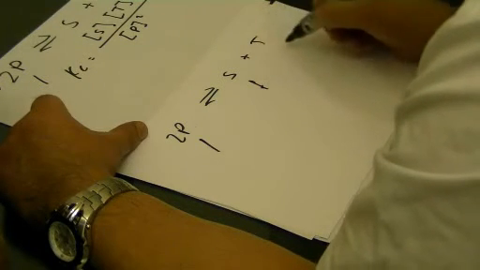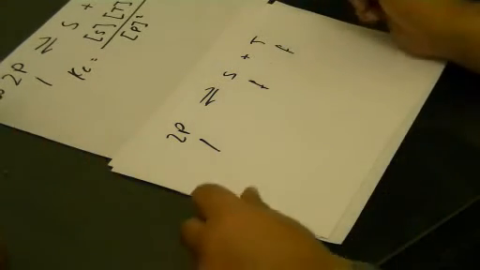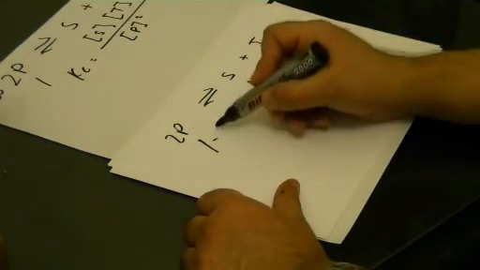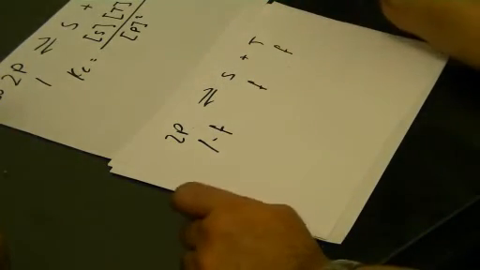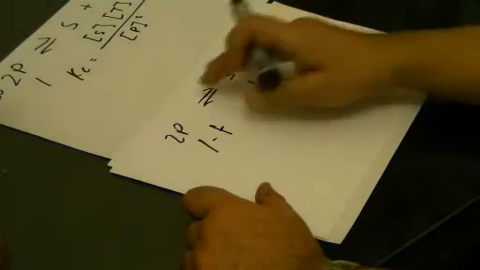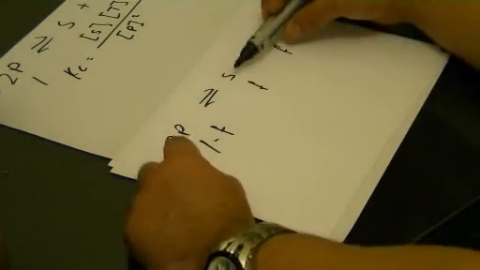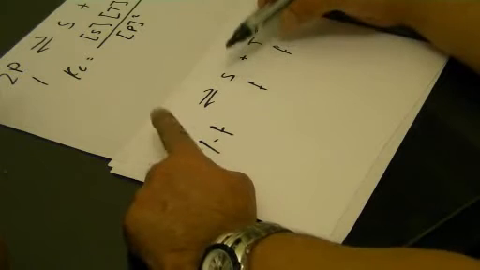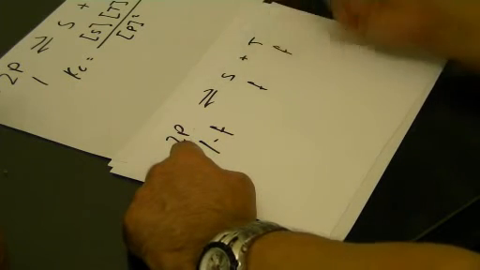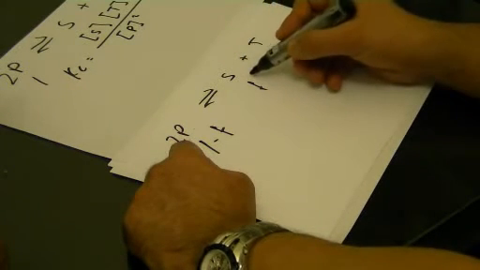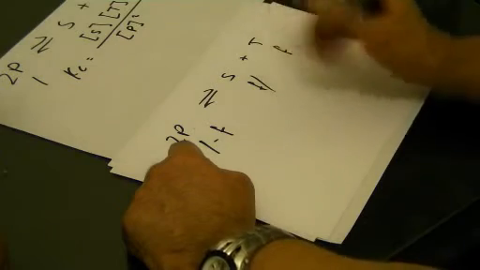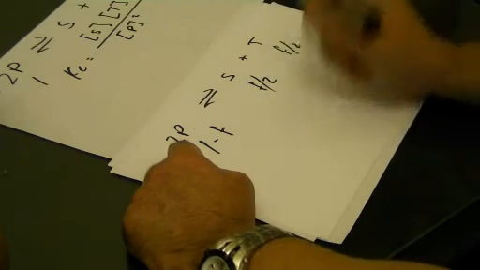If I've got F moles of S, I've got F moles of T, and I must have lost F moles of P. The problem is I've got 2 P's. If we look at the ratio of S to P, we have twice as many P's, or in other words, half as many S's. So we can divide each of these by 2.